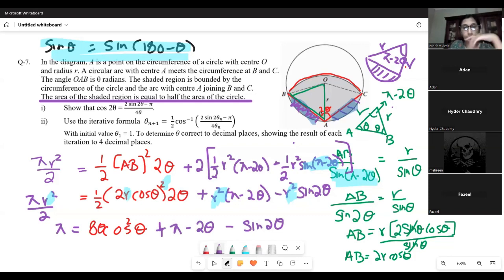Okay. नहीं, इसके साथ 2 मल्टीप्लाई होना है और दूसरे के साथ भी 2 मल्टीप्लाई होना है, क्योंकि दूसरी साइड से 2 इधर आ रहा है. So plus 2 pi minus 4 theta minus 2 sine 2 theta.